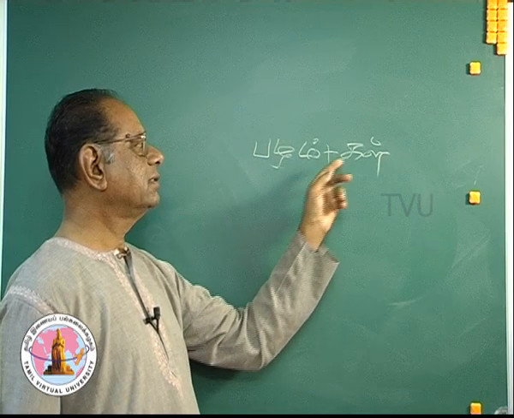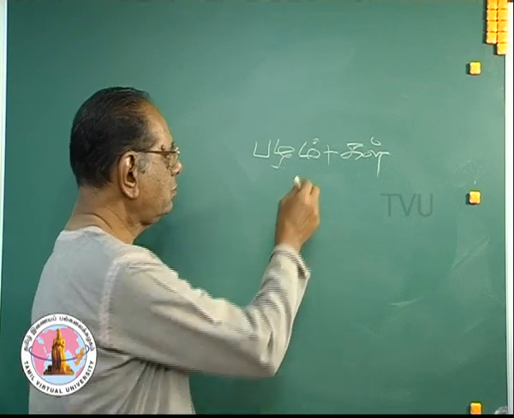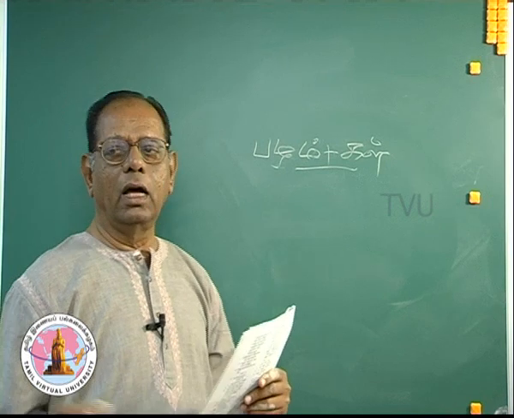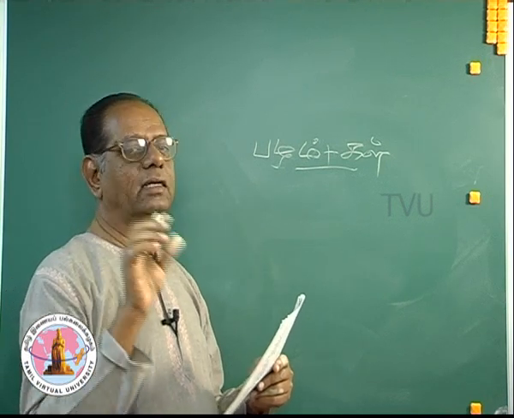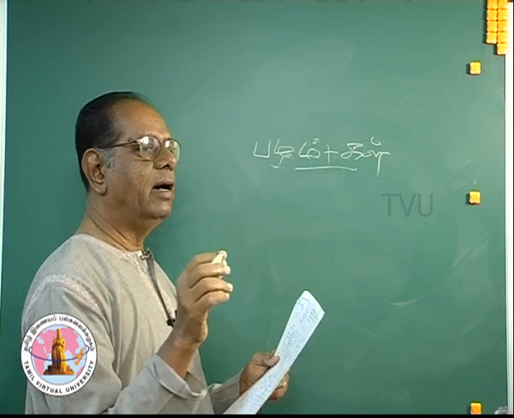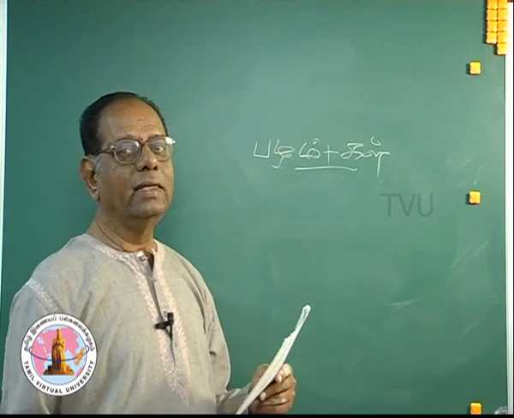Param plus kal, fruits. Now, I hope you remember, I listed certain letters, grouping them under one category. I call them relative letters.